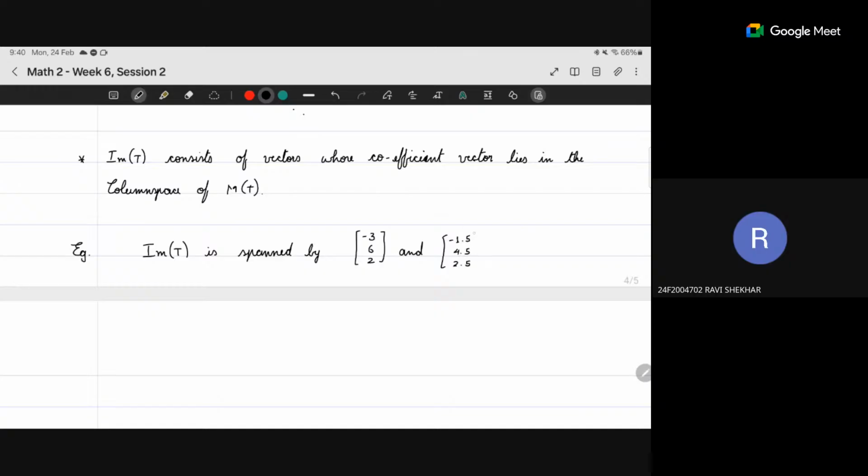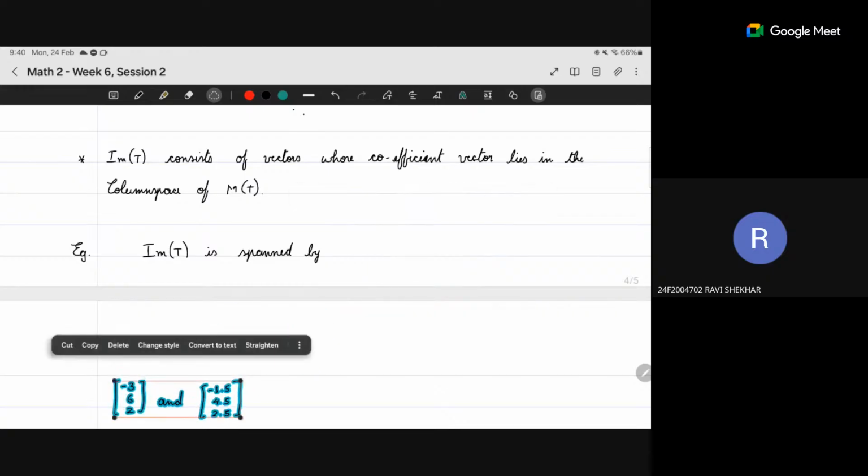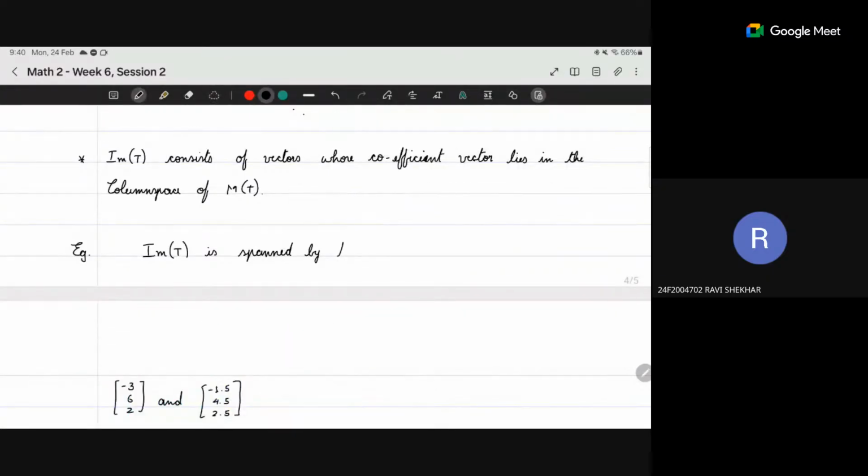Now this is not exactly right, because the image of T is not spanned by these vectors. The image of T is spanned by the vectors whose coefficients are these.